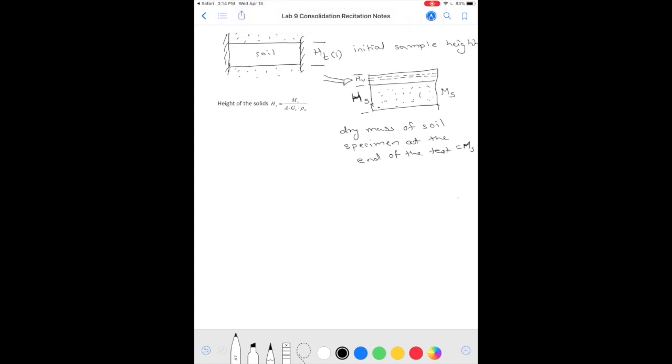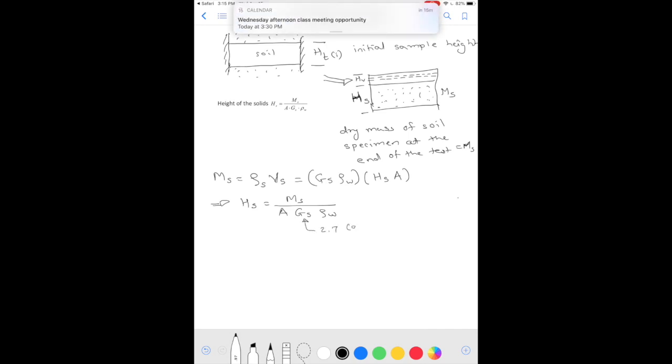And we know that mass of soil is going to be equal to the specific unit weight of the soil particles times the volume of solids, which is specific gravity times density of water times height of solids times the cross-sectional area of the soil, and that will give us HS, MS, A, GS, rho W. We are going to assume GS to be 2.7 for our soil.